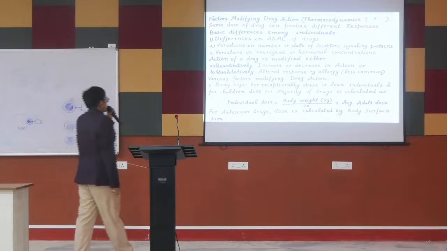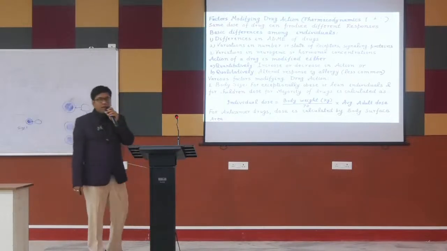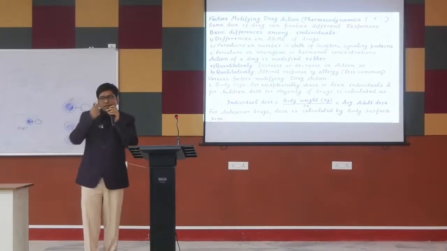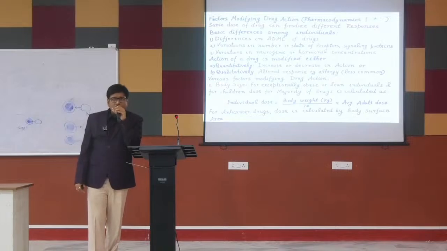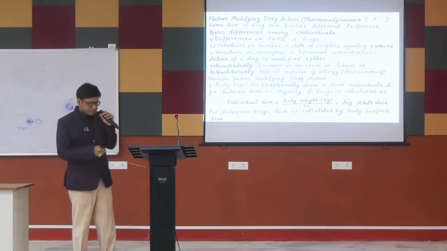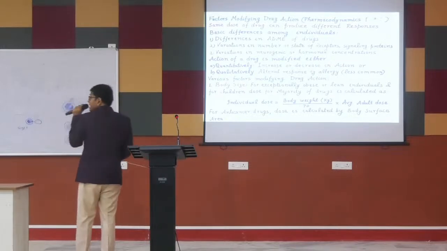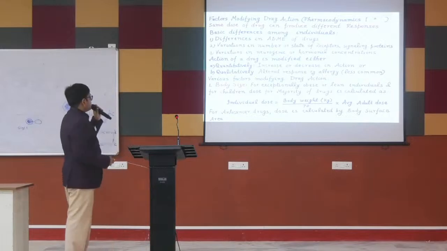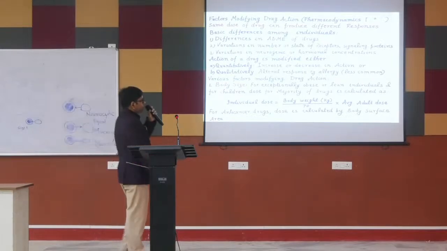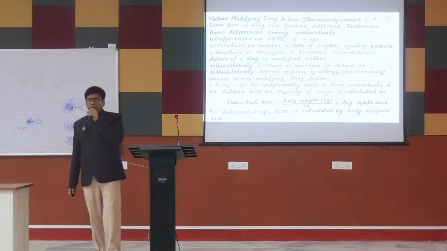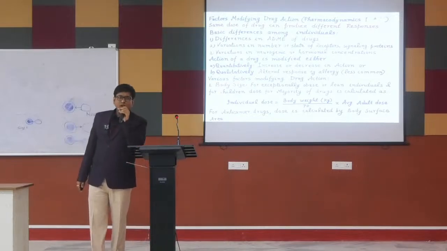Now, factors modifying drug action. You see, two patients taking the same drug, the drug will not have the same effect on both patients. There will be different effects on both patients. Okay. So, why does this happen? This happens because there is a difference in absorption, distribution, metabolism and elimination in each patient. Each patient is a unique model.